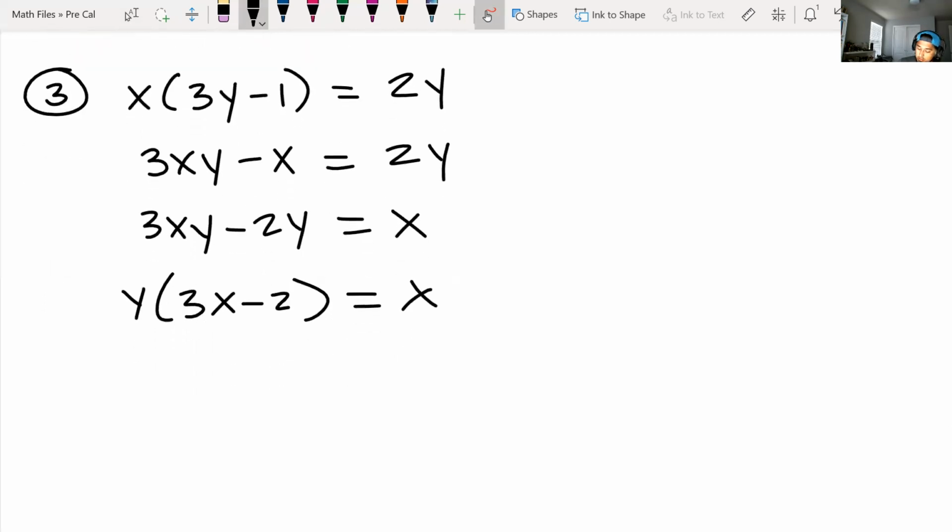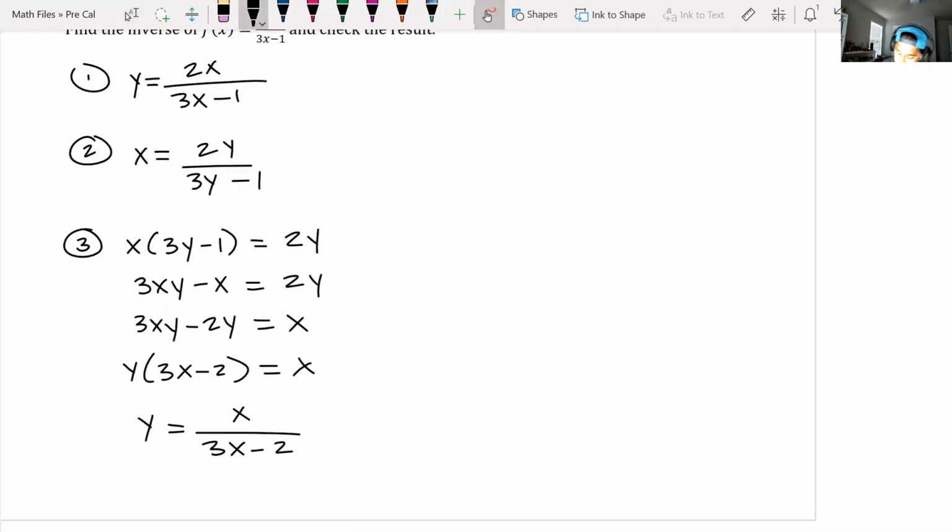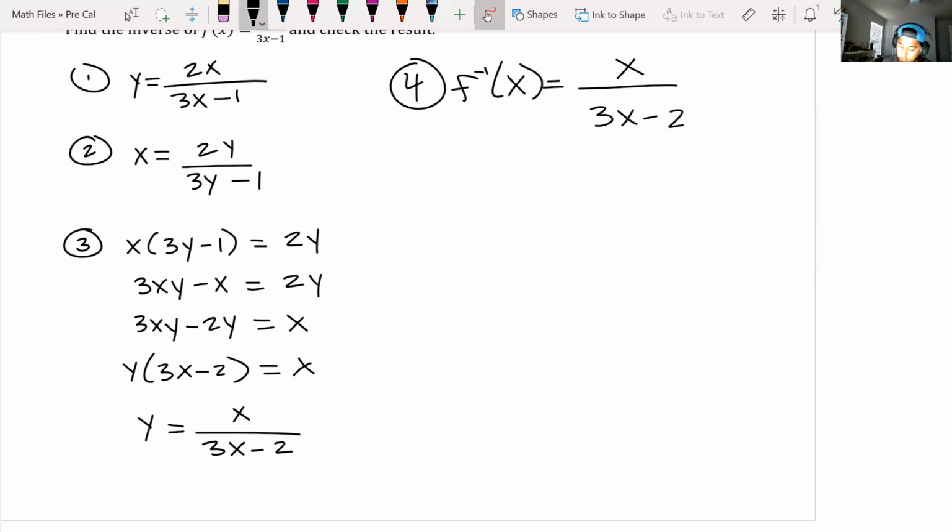So y equals x over 3x minus 2. There you go. You found the inverse. So write it as such. And the inverse is x over 3x minus 2.